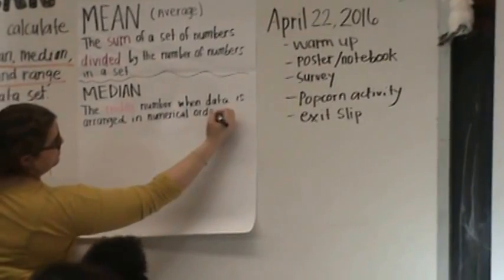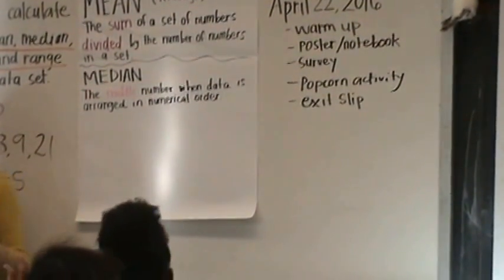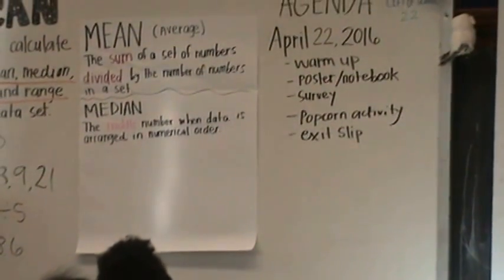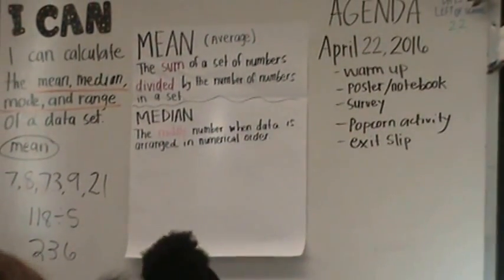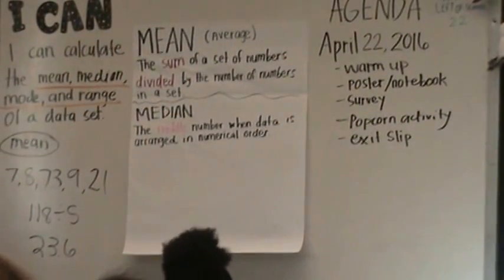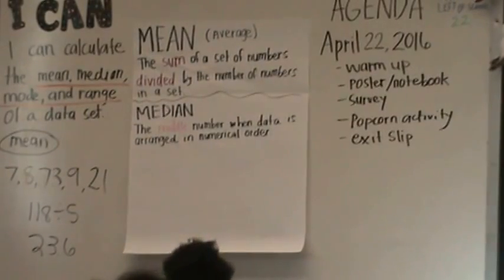And the easiest way to put them in numerical order, just line them up smallest to biggest, least to greatest. That's a much easier definition. Pretty easy one to remember. If you can't remember what the median is, think of that middle lane in the middle of the highway. It's called the median. It's in the middle.